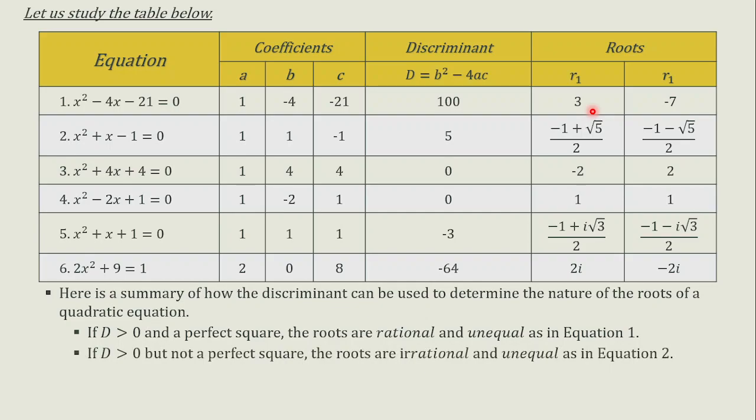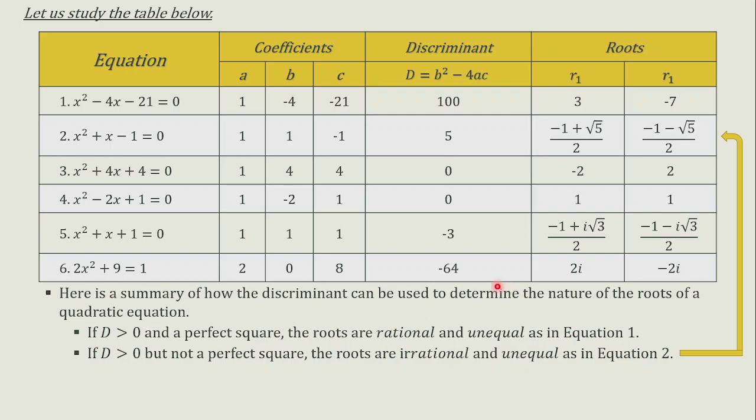If the discriminant is greater than 0 but not a perfect square, the roots are irrational and unequal, as in equation 2. Again, if the discriminant is greater than 0, so 5 is greater than 0, but not a perfect square, the roots are irrational and unequal, as in equation 2.